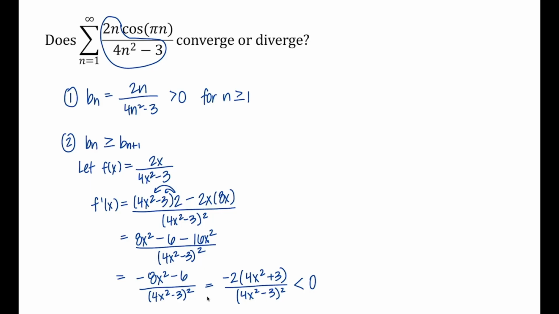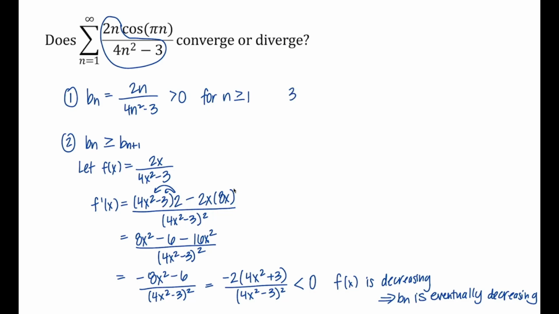So that tells us that f of x is decreasing. And by extension, we know that the discrete function that is basically behind this continuous function is also decreasing. So f of x is decreasing, which is going to imply that b sub n is eventually decreasing. So the second condition is satisfied.